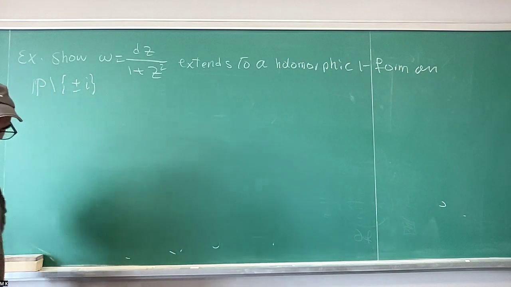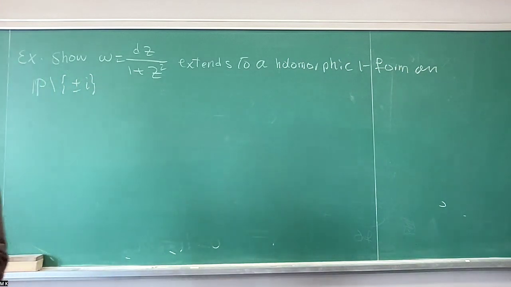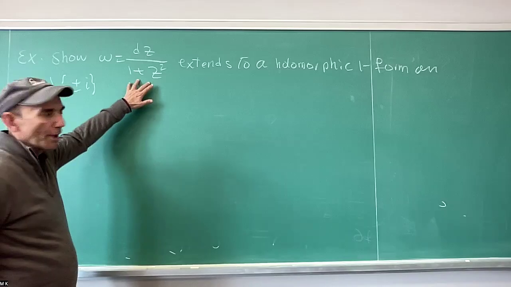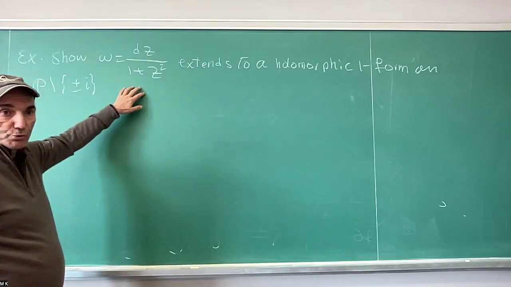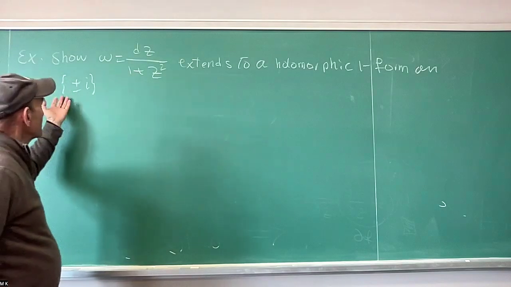Okay. So we want to show that this extends to projective line minus these 2 points. Of course, those 2 points, these are the zeros of 1 plus z squared, right? And there is no curve for those 2 points, and we are excluding.